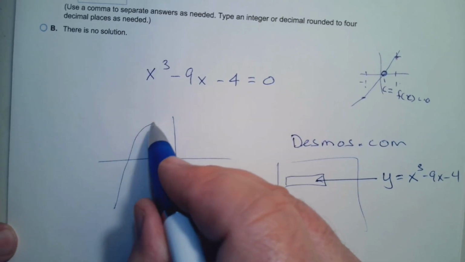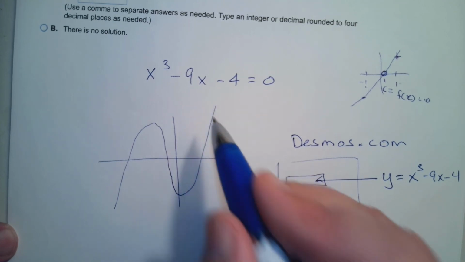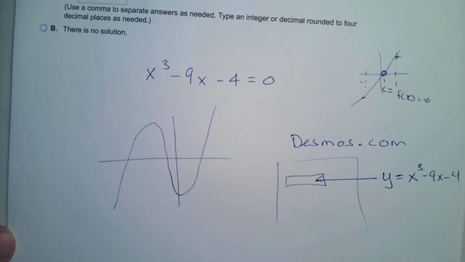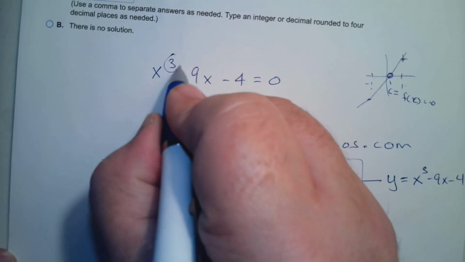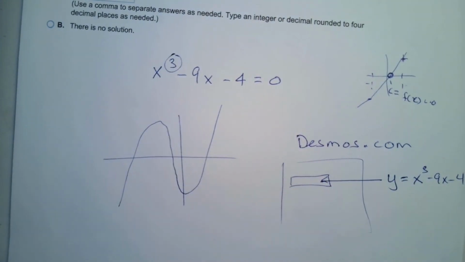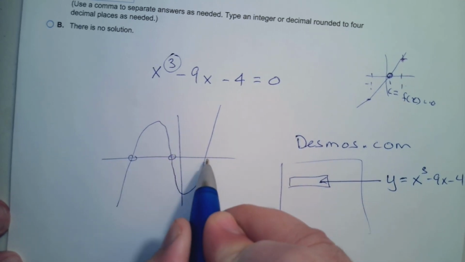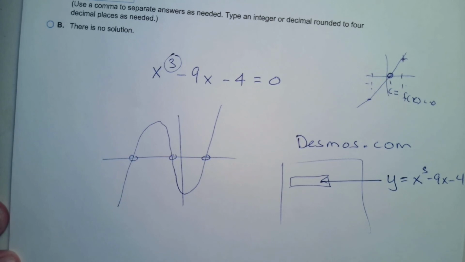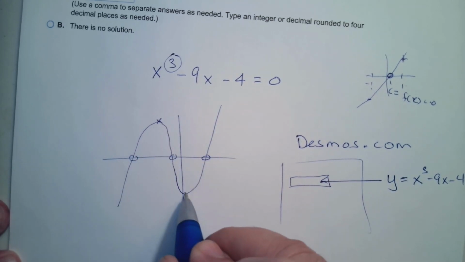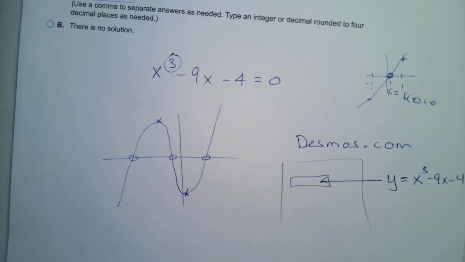You're going to see something like that. The highest exponent tells us that we have at most 3 x-intercepts and at most 2 vertices.